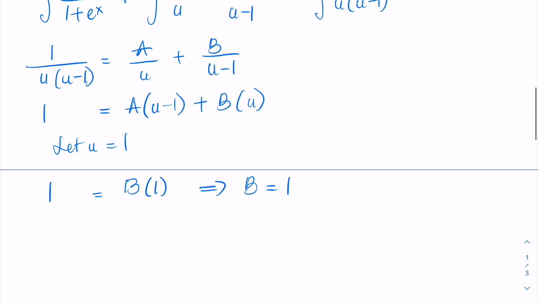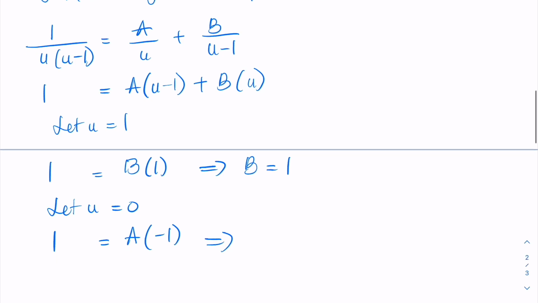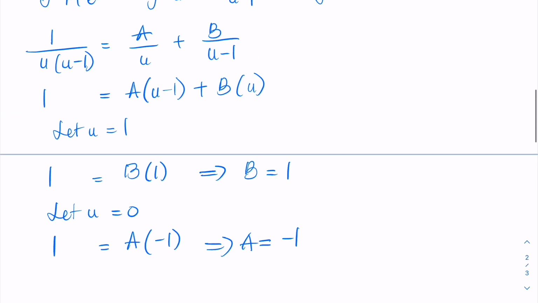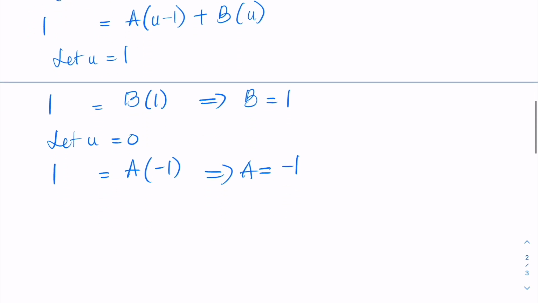Now, I'm going to go back and let u be 0. So I can cancel this one right here. So I get 1 equals A times 0 minus 1, which is negative 1. Therefore, A is negative 1. So we're going to go back and rewrite the integration.